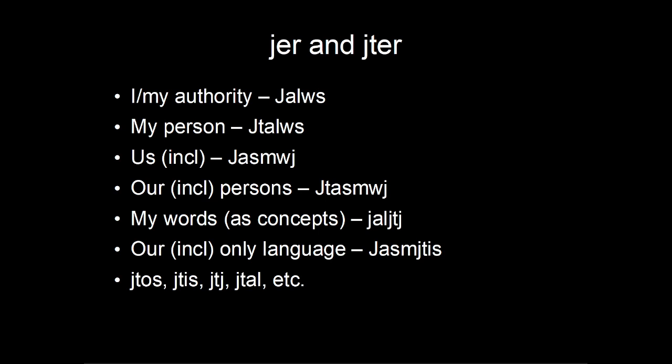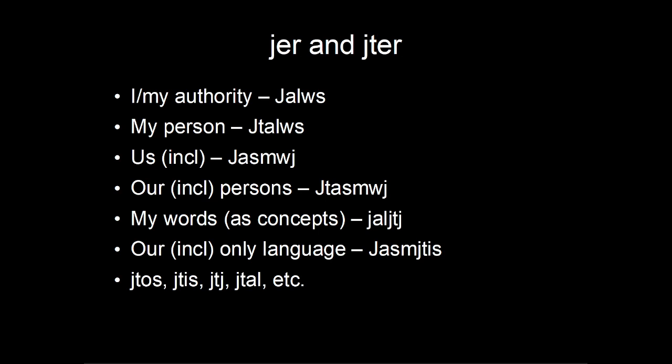But one thing you'll notice is if you were to say Jasmi, that would just be we say. If you wanted to say our words as concepts, you couldn't just say Jasmi because it would be the same thing. Again, Fivelios doesn't like ambiguity.